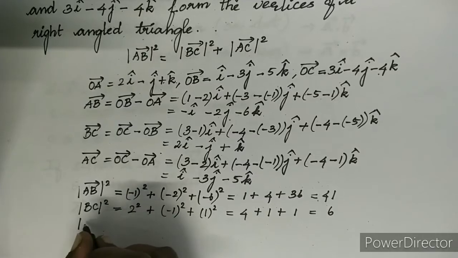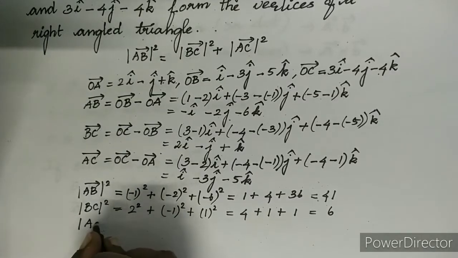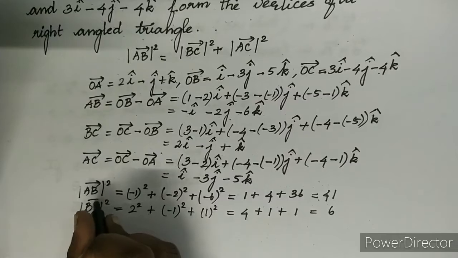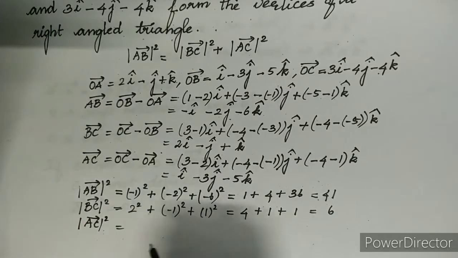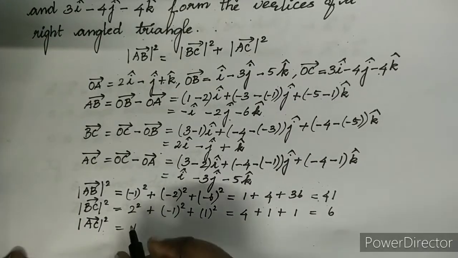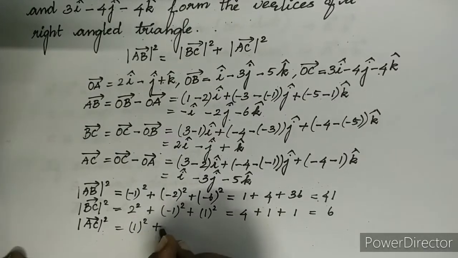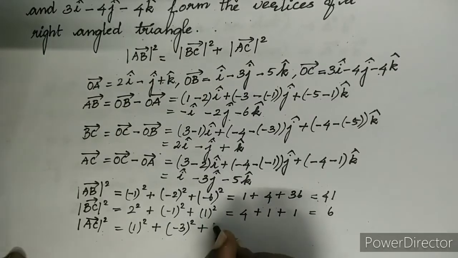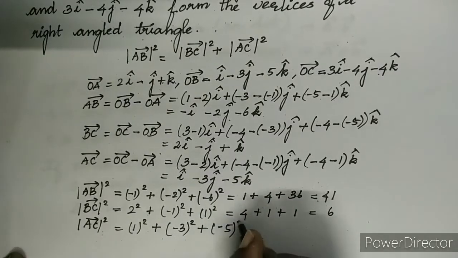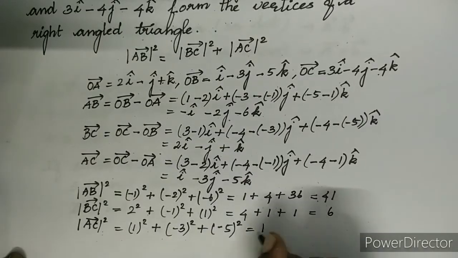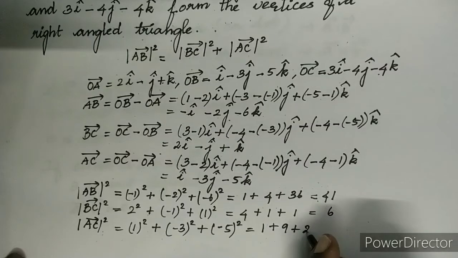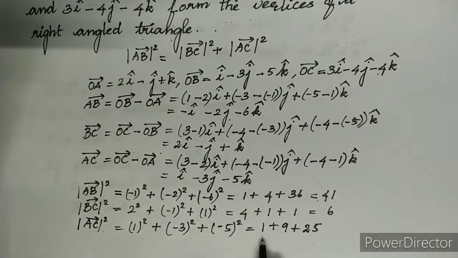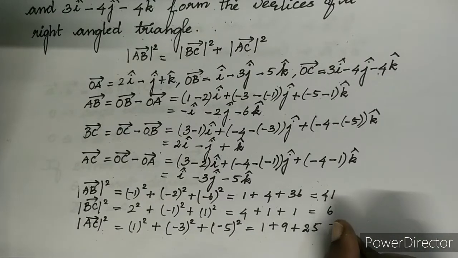And magnitude of AC vector square is equal to 1 square plus minus 3 whole square plus minus 5 whole square, which is 1 plus 9 plus 25. So 1 plus 9 is 10, 10 plus 25 is 35.